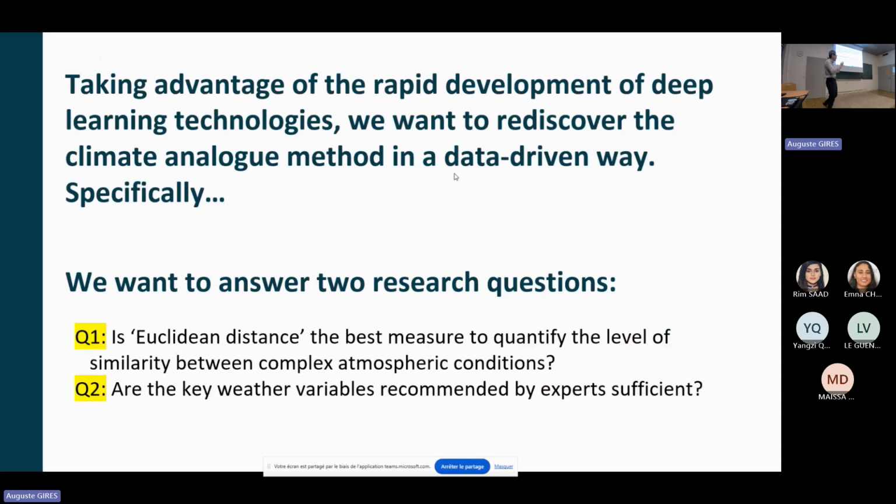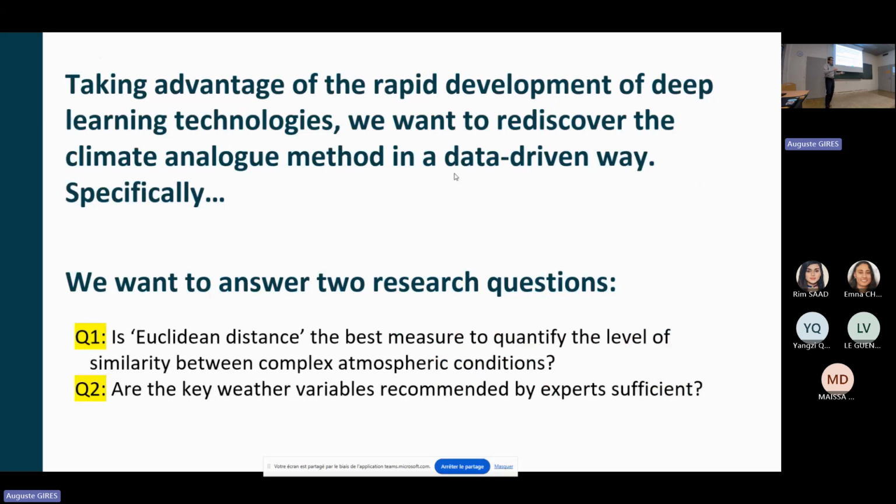Another more critical issue is that the current method considers temperature to temperature, pressure to pressure, humidity to humidity. So you compare everything independently. But is it really the best way to do this?